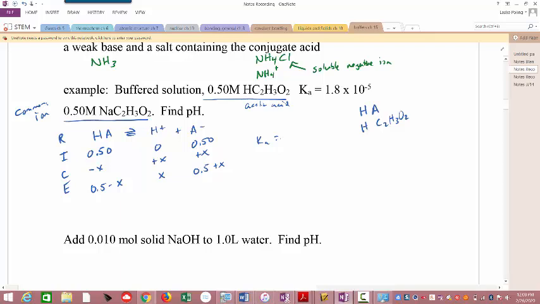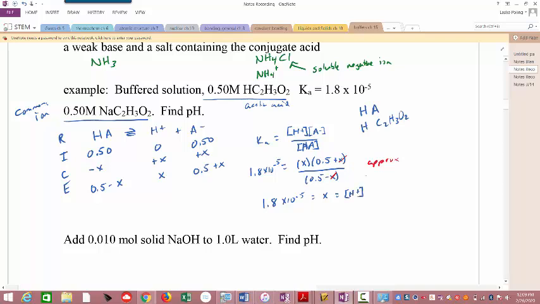Okay. Our Ka, H plus, A minus, over HA. So we have our 1.8 times 10 to the minus 5 equals X times 0.5 plus X over 0.5 minus X. Our approximation lets us drop these, which would give us 1.8 times 10 to the minus 5 equaling X, which is equal to our H plus.